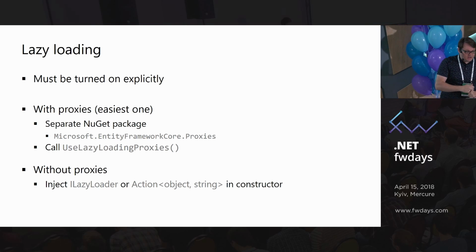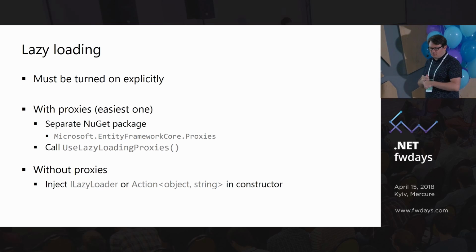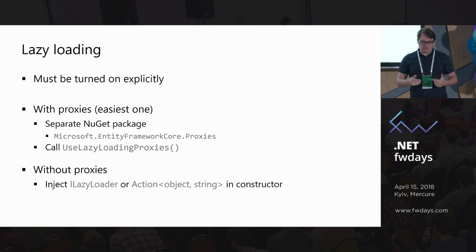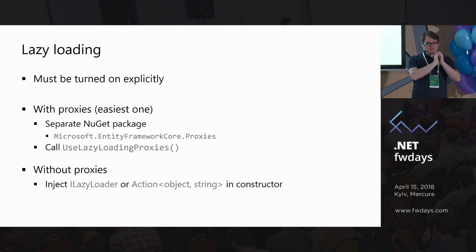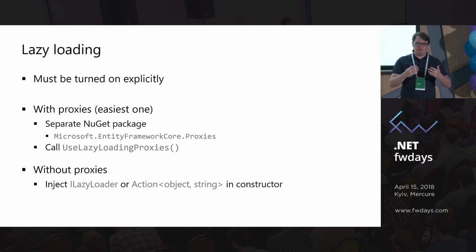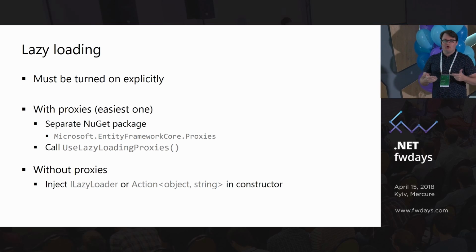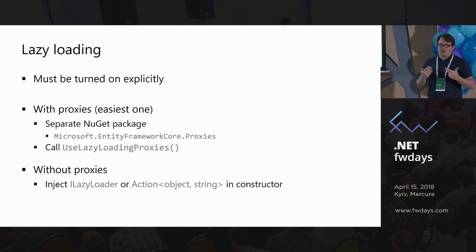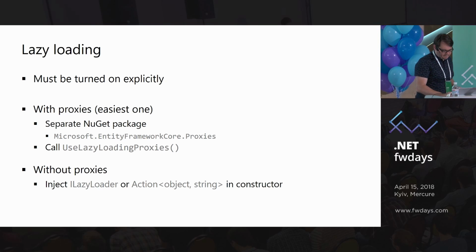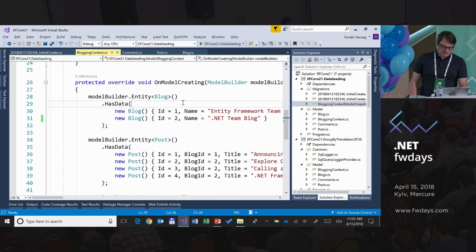There is another way I will show you, where you can use lazy loading only in some places, only on some entities or properties, and you can wire all the infrastructure yourself, so it won't generate proxy classes, as we will see. Okay, so let's look at the demo.